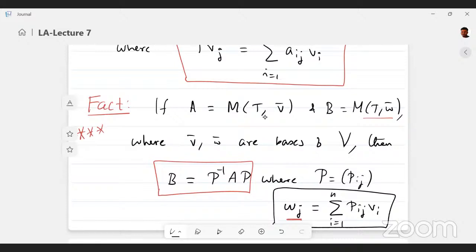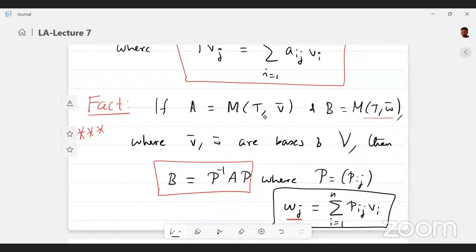If you are interested in simplifying or understanding more about how this operator acts on the space, then it is enough to find some nice basis with respect to which the matrix of that operator looks much simpler.